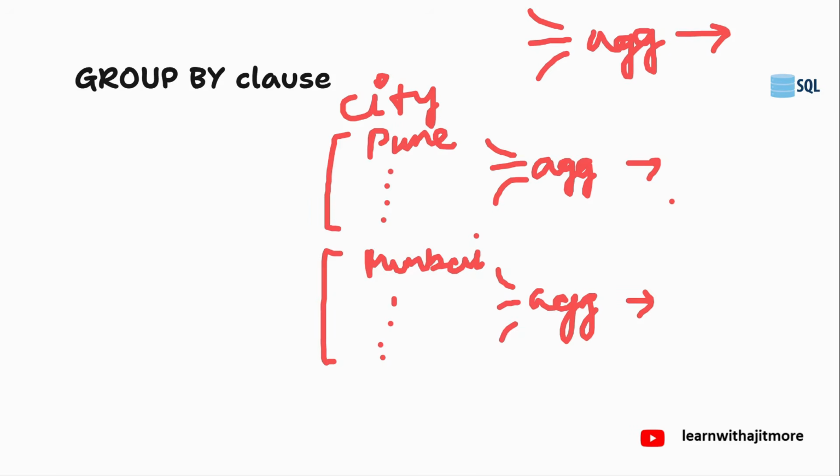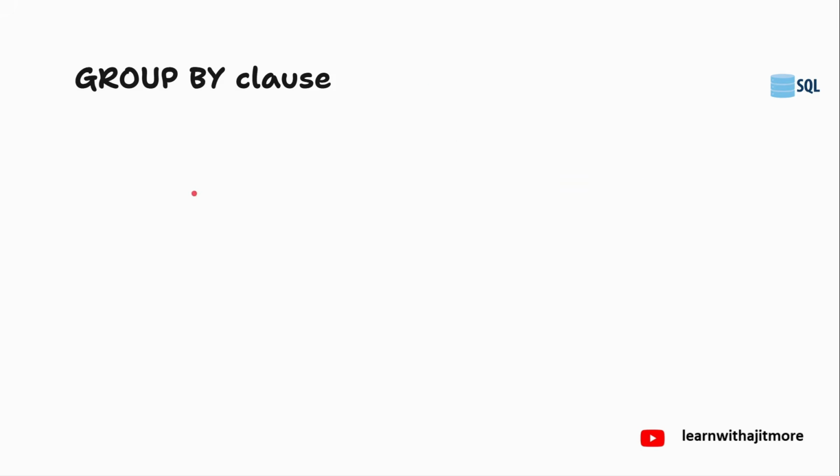So in short, when to use the group by clause? When you have some column in which there are repeated values, you want to create groups of similar values in that column and then apply aggregate on each group. That time we use the group by clause.